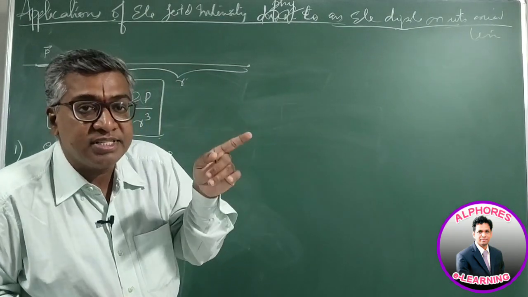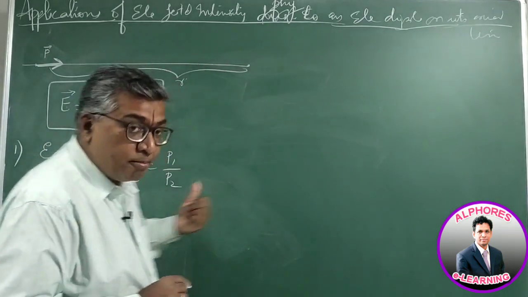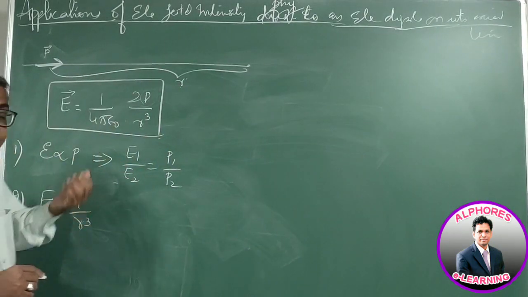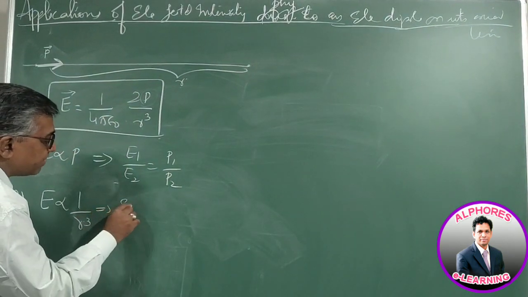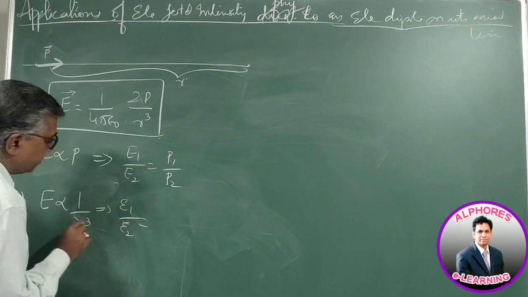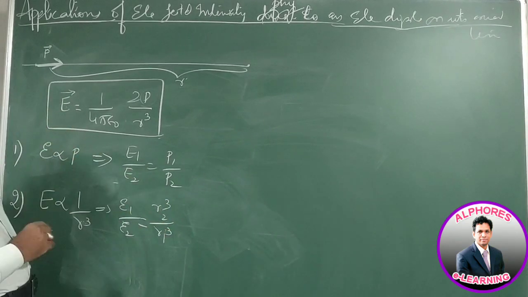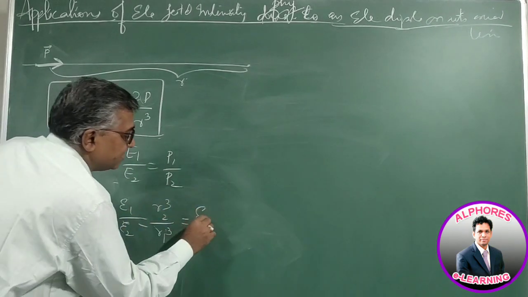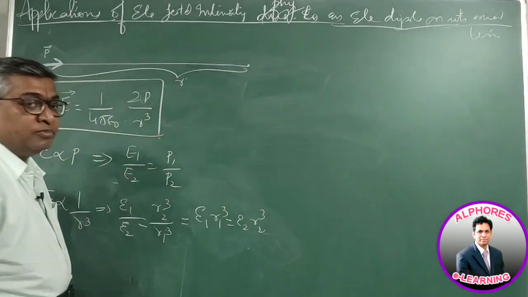In Coulomb's law, force is inversely proportional to the square of the distance, 1 by r square, but here it is 1 by r cube. It varies with the cube of the distance. So E1 by E2 is equal to R2 cube by R1 cube, or I can write this as E1 R1 cube is equal to E2 R2 cube.